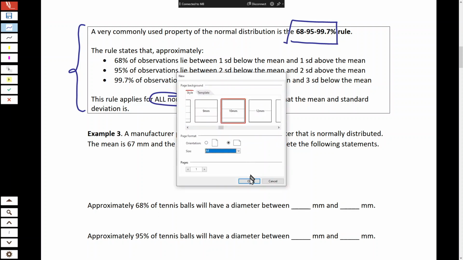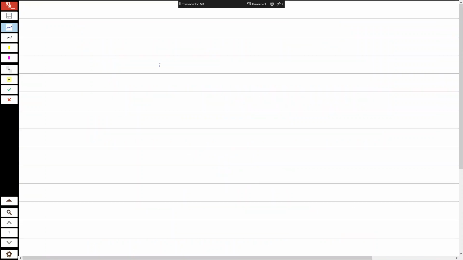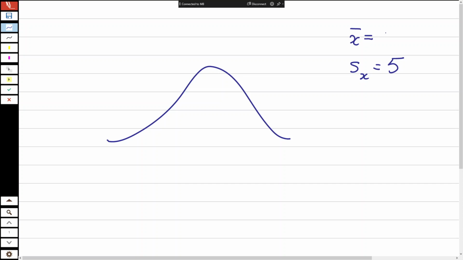So let me draw a diagram for you. Let's imagine I've got a standard deviation of 5 and a mean. Let's pick a number. Let's pick 20.